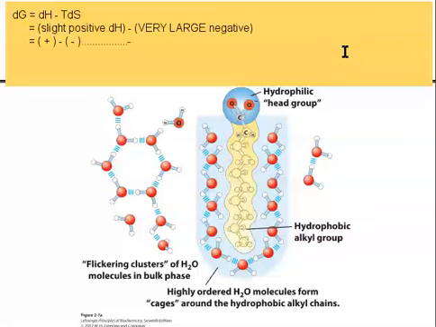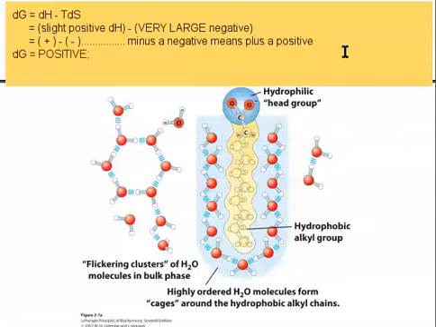Minus a negative means plus a positive. And so in this case, our delta G ends up being positive.